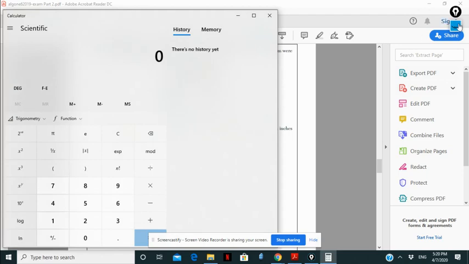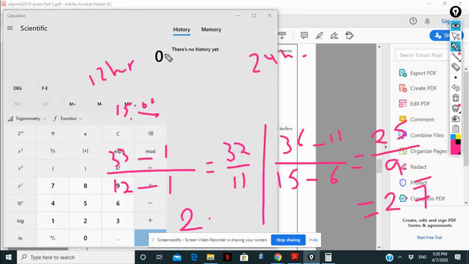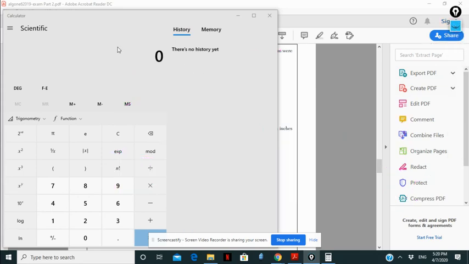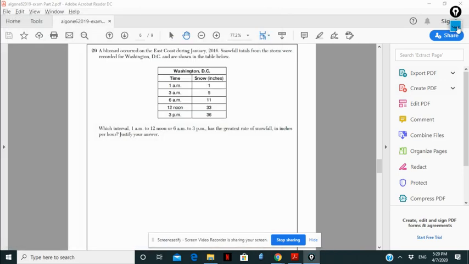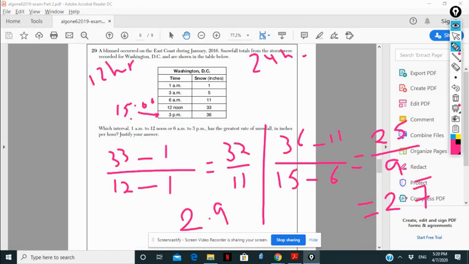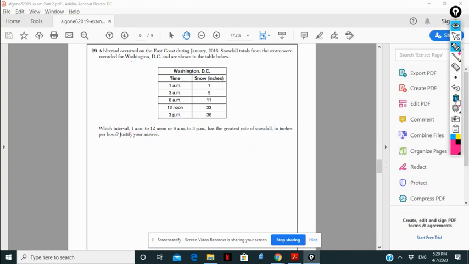I know 32 over 11 is close to 2.9. So this interval from 1 a.m. to 12 noon has the greatest rate of snow.